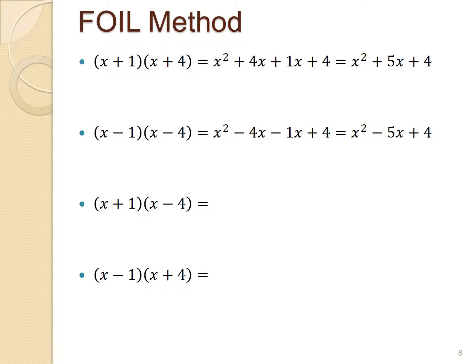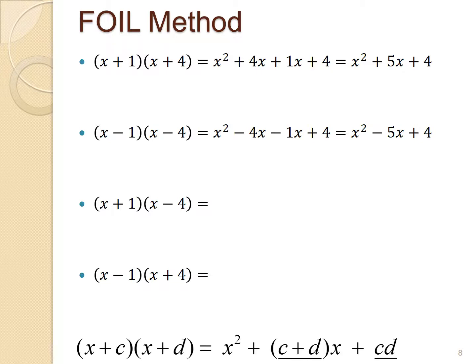Now, if we look at these first 2 problems, we realize what's actually happening here is that when we have x plus some number, let's just call it c to mean any number that could be there, times x plus d, again, some other constant, we're always going to get an x squared plus, and then the middle term is always c plus d.